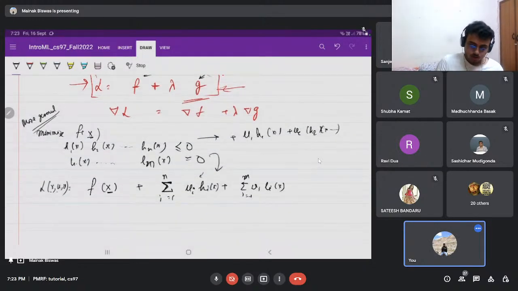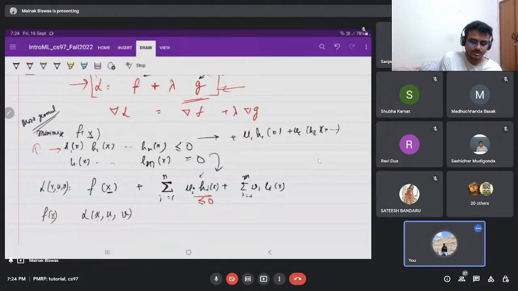Okay. So can you tell me how will this be related to the original f of x function? Why I should not have written that. So how will it be related and why? So what will be the inequality between these two? So these terms are less than 0, right?